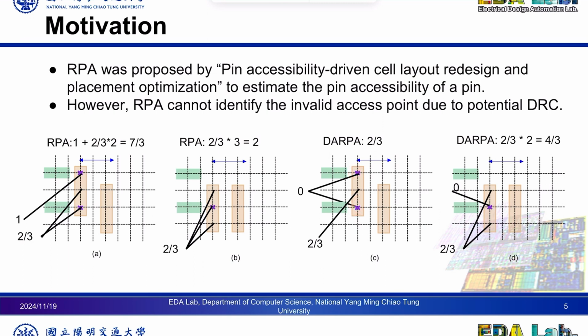So the real DRPA is 2/3 for this pin in this example. And in the second situation, the DRPA, the design-aware remaining pin access, is 4/3. So we should choose this. This picture shows that with the consideration of the potential DRC, the DRPA can give a better solution.